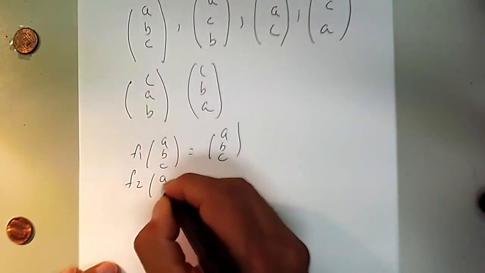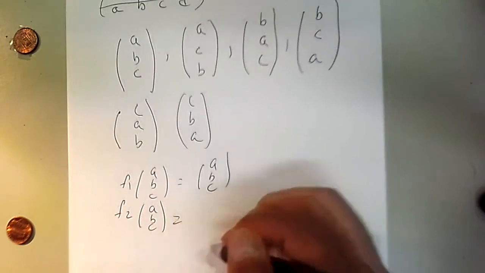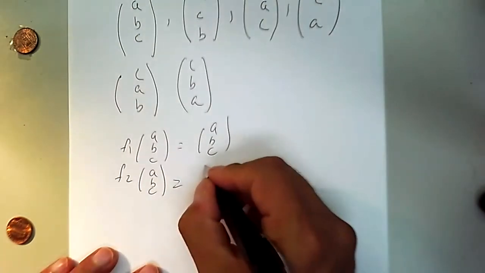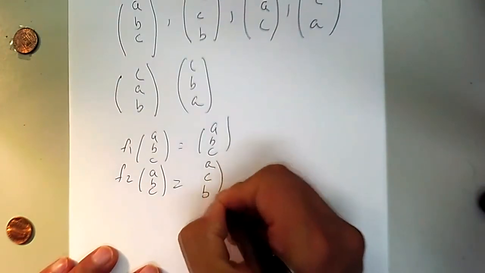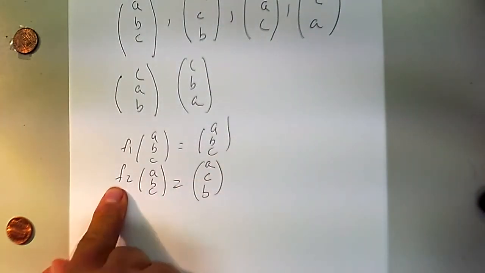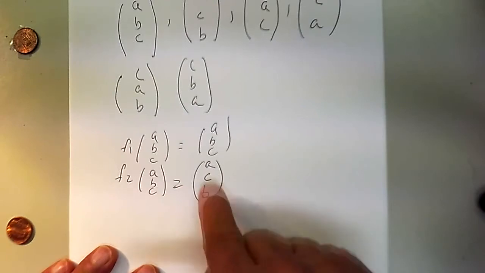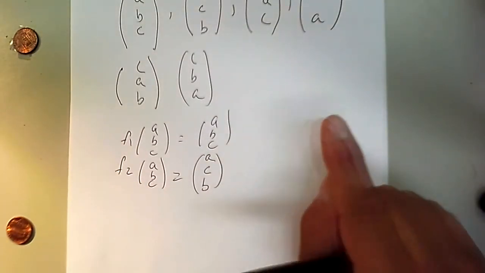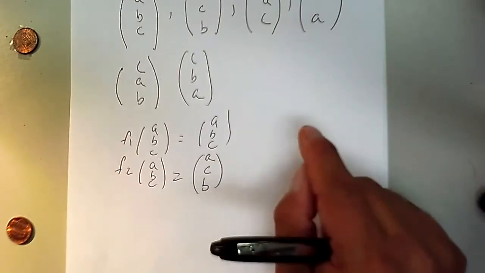F2 of ABC is, if we think of ACB, so this permutation changes the last two. Now, don't think of B and C, don't think of the letters. Think of the positions, the relative positions they have.